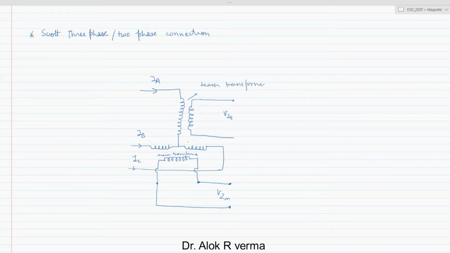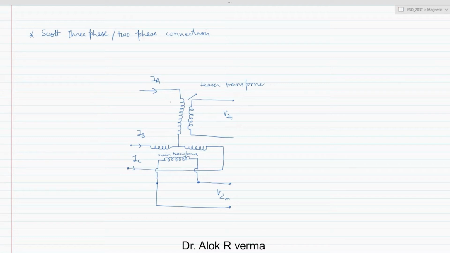This connection is very important, where it is converting your three-phase to two-phase. So we have A, B, C, three phases, and we are getting out of these three phases ABC, V2T and V2M.